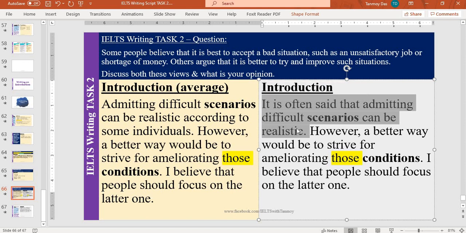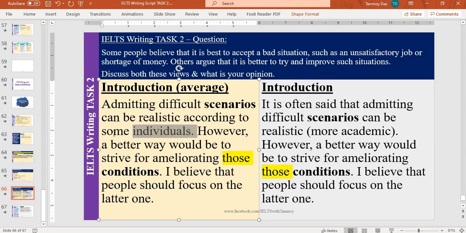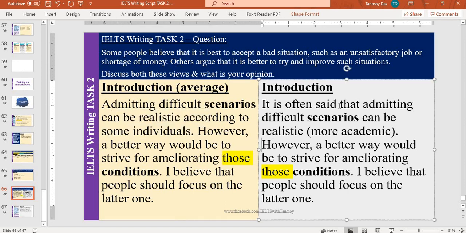Okay, so I'll write this way. This is more academic. Okay, rather than saying individuals. It is often said that admitting difficult scenarios can be realistic, can be much more realistic.